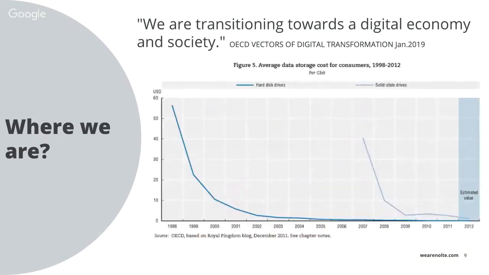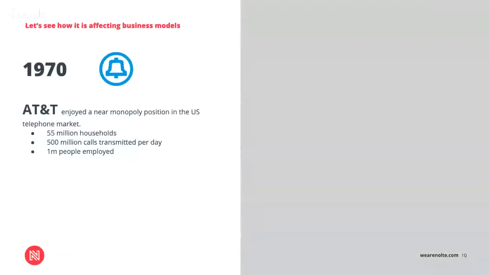But let's try to see a more real example of how this has transformed not only businesses but also our society. Let's talk about 1970. AT&T was a monopoly, or nearly a monopoly, in the US. And yes, that is the logo that they were using at that moment.